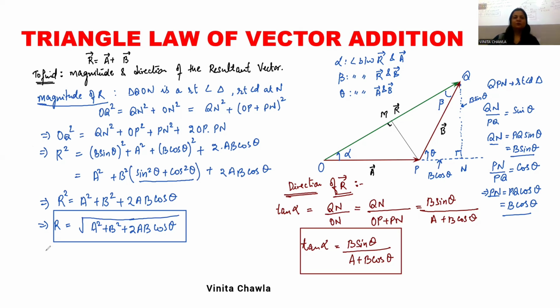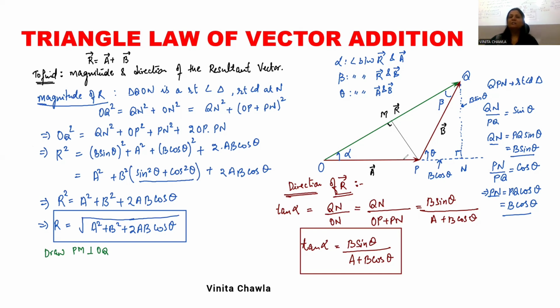So draw PM perpendicular on OQ. Now see, if I write this in the same form as we have written for QN and PN, B sine theta, B cos theta, we can also write for PM.